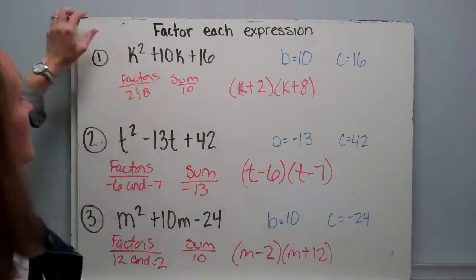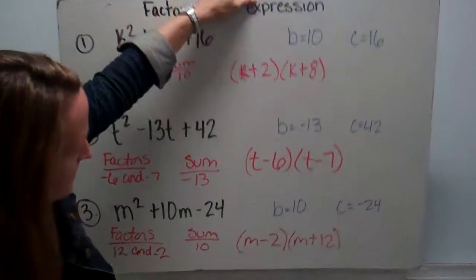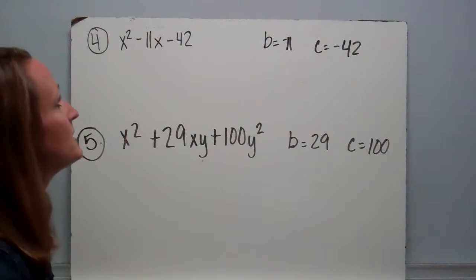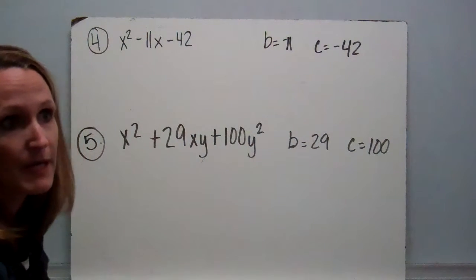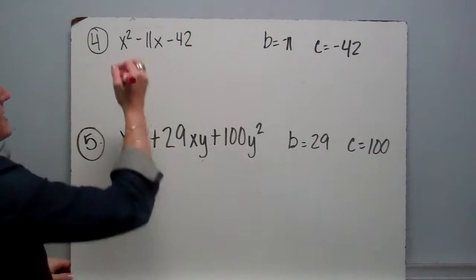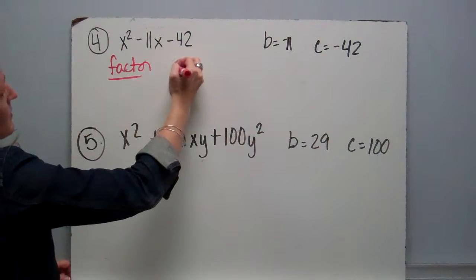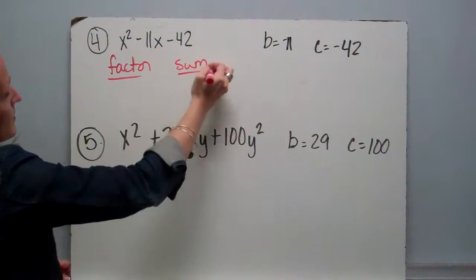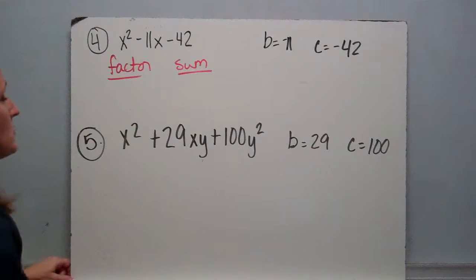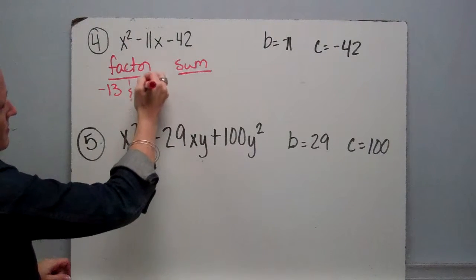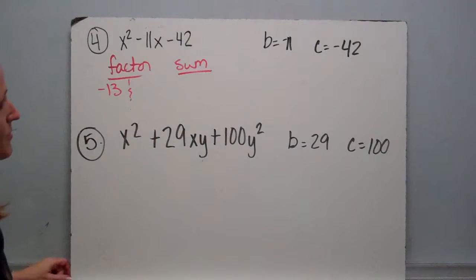Okay, let's try a couple more. Alright, negative 42 and negative 11. So this time I need a larger negative number and a smaller positive number. So how about negative 13 and 3?